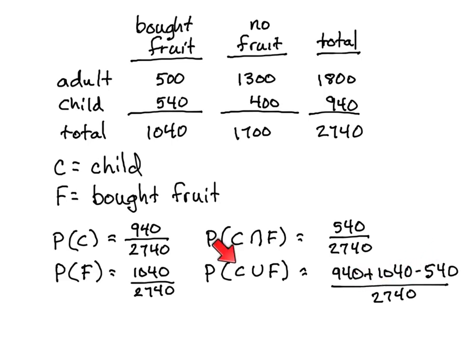So this is making use of the formula that gives us C union F. We would take the probability of C, which is 940 over our denominator, the probability of F, which is 1,040 over our denominator, minus the intersection, which happens to be this 540. And so we can calculate those numbers to get those probabilities.